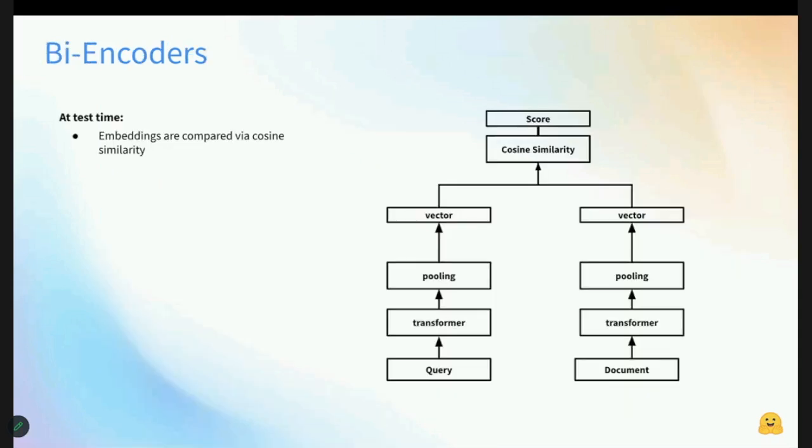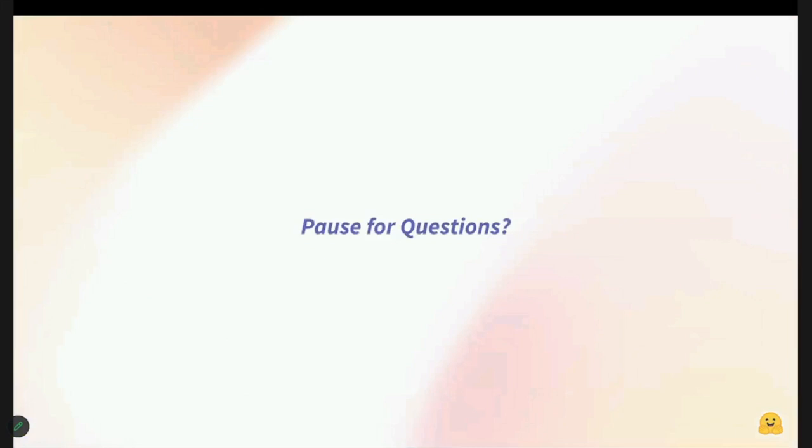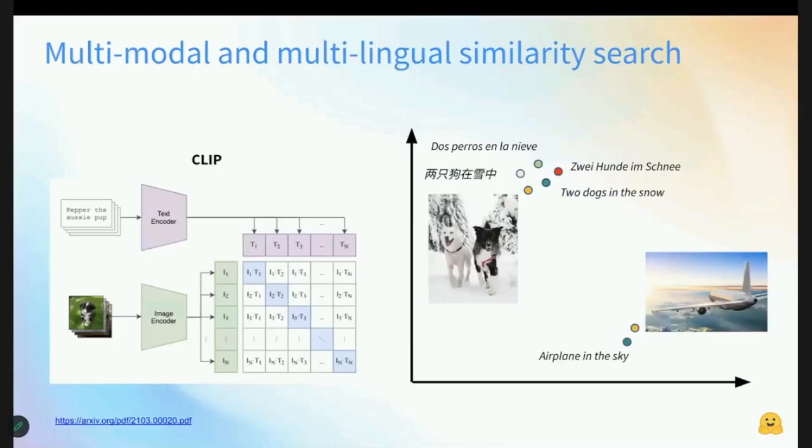Okay, so that's at training, and then at test time, you can obviously pass through a query and a document, get two vectors, and get a similarity score, or you can just pass through your query or your documents, get out a vector, and store that vector for similarity computations later on. Okay, so I think we're all good here.